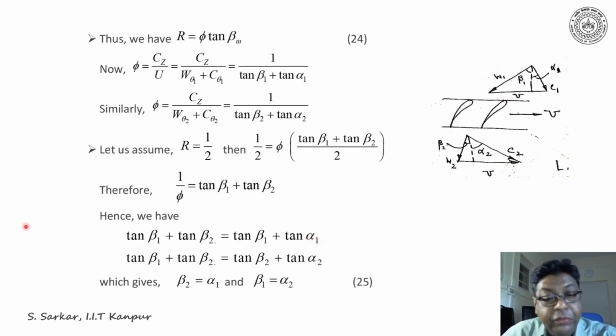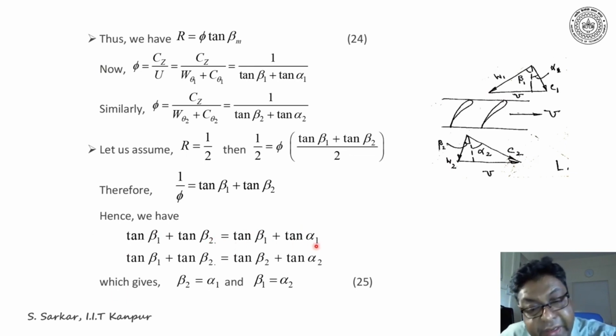And similarly, if you equate the equation B and C, I'll get the second relation, right? So I have got two relations, that is tan beta 1 plus beta 2 is equal to tan beta 1 plus tan alpha 1. Now this tan beta 1 will cancel out from both the sides.